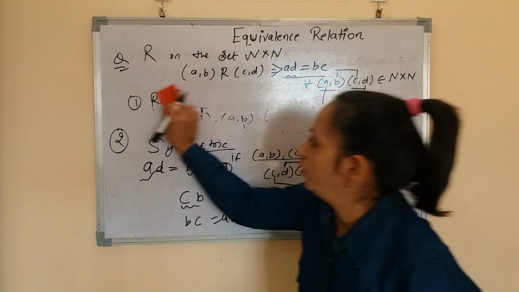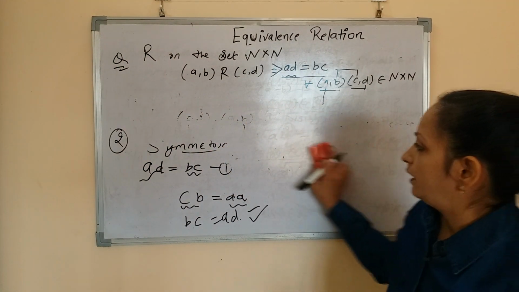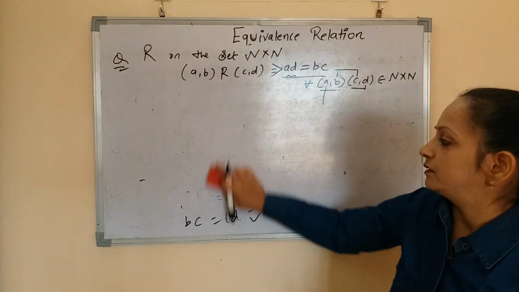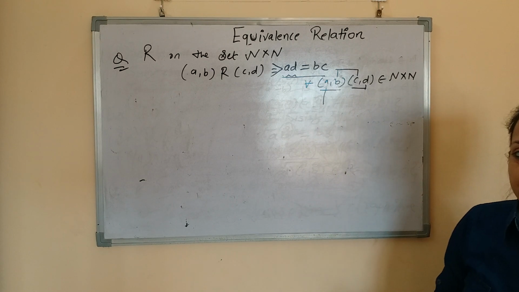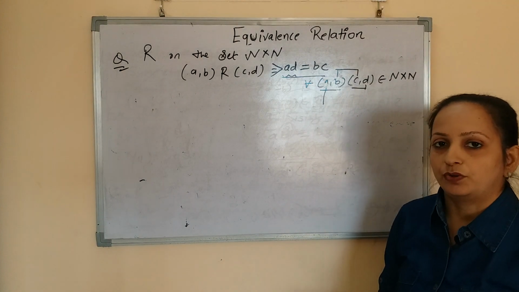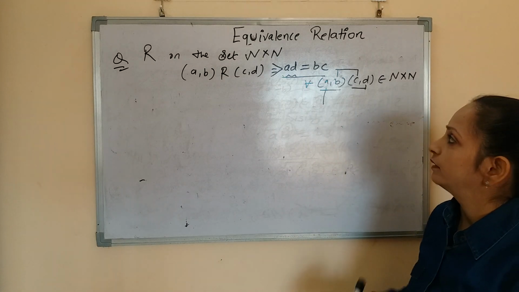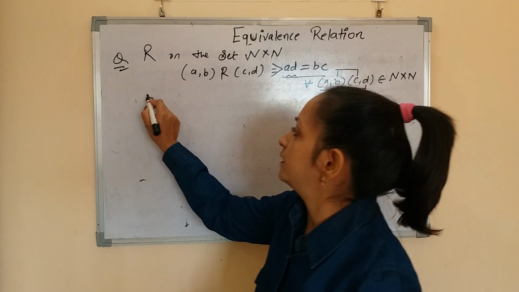So I hope you understand the concept of reflexive and symmetric, and now we are checking if our relation is transitive or not. So the condition of transitive says if AB belongs to R and BC belongs to R, then AC must belong to R. But as we know that we are working on pairs, so we will take our elements in pair format.